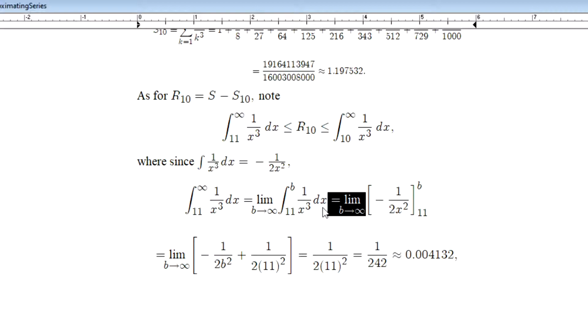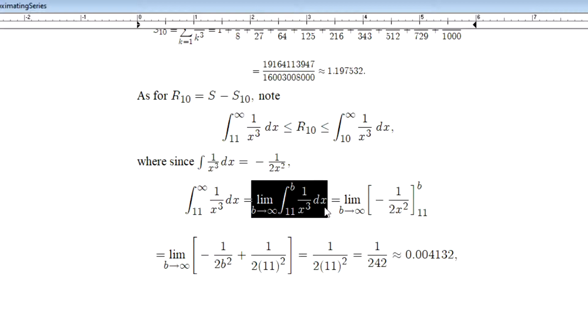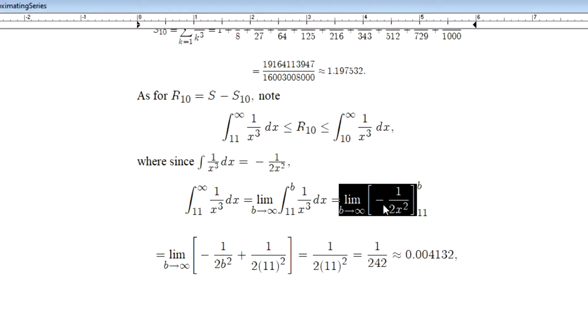Keep in mind, this is how we handle an improper integral, as we apply the use of a limit, where we're considering the limit as b heads to infinity for the integral from 11 to b of 1 over x cubed dx, which is really the limit of this antiderivative evaluated across these bounds.